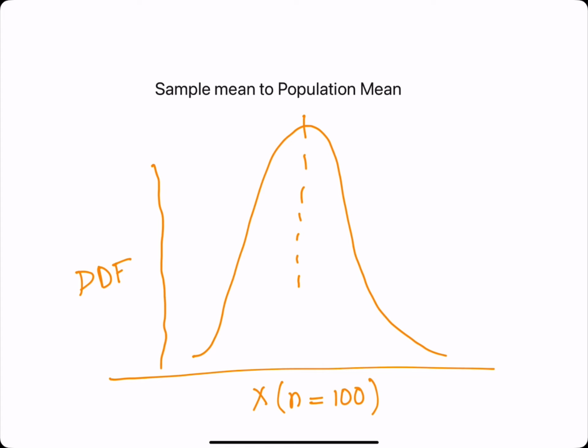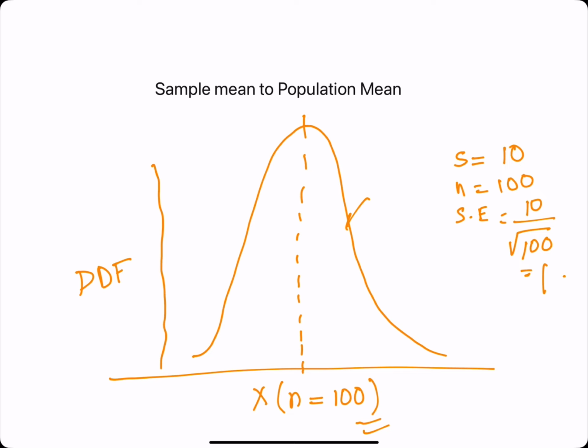Now, coming back to the question, how can we go from the sample mean to population mean? Let's take a sample size of 100. Since it's already more than 30, we know that this curve is normal. For practical reasons, if we consider that the standard deviation for this distribution is 10 and we have a sample size of 100, then the standard error is given by 10 by root over 100, which is equal to 1.